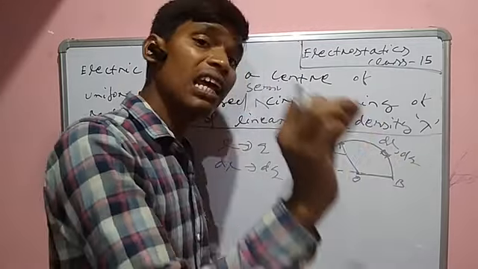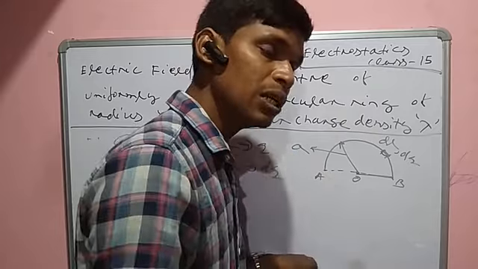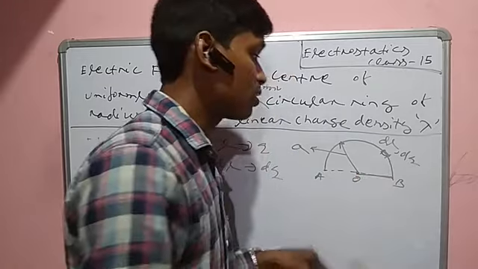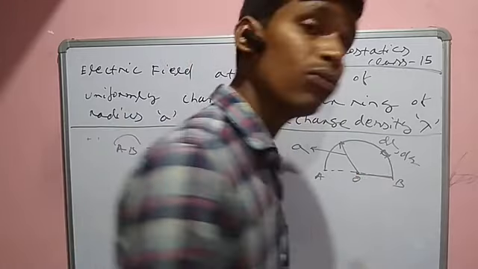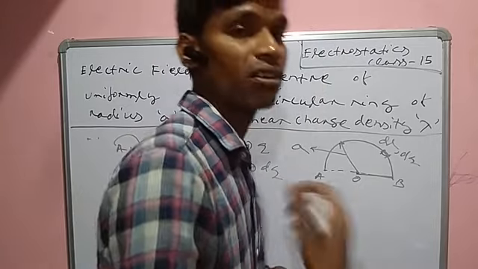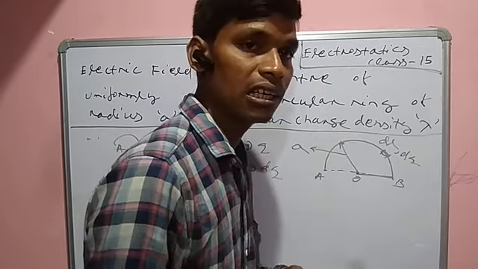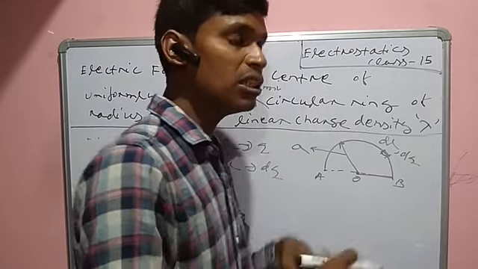From dl we can find L by integration: the integral of dl is L. Integration means total. You have to find the total.